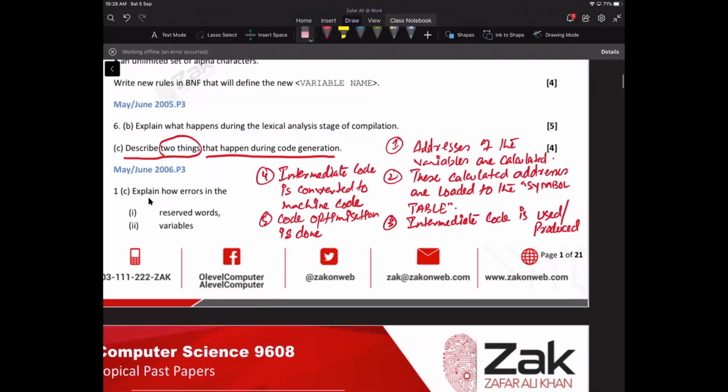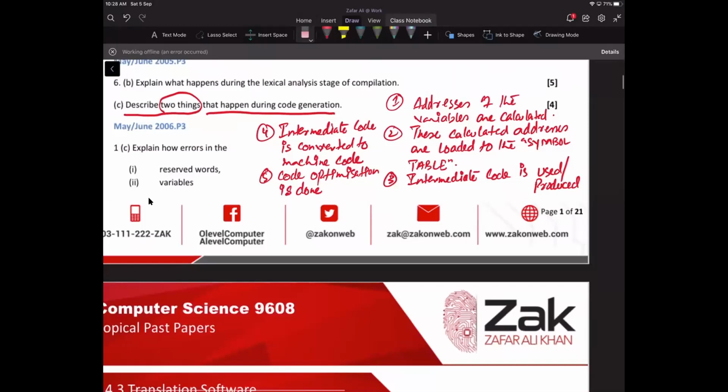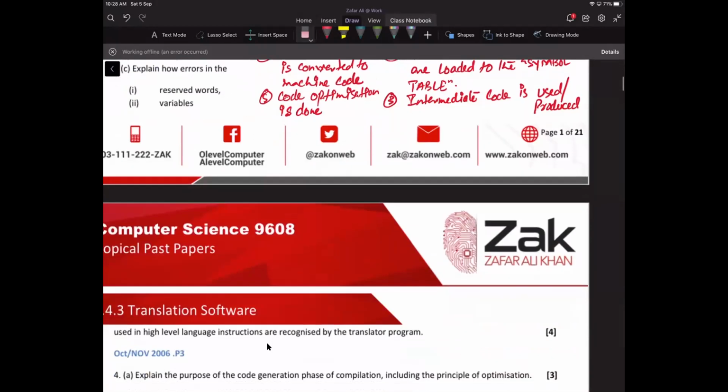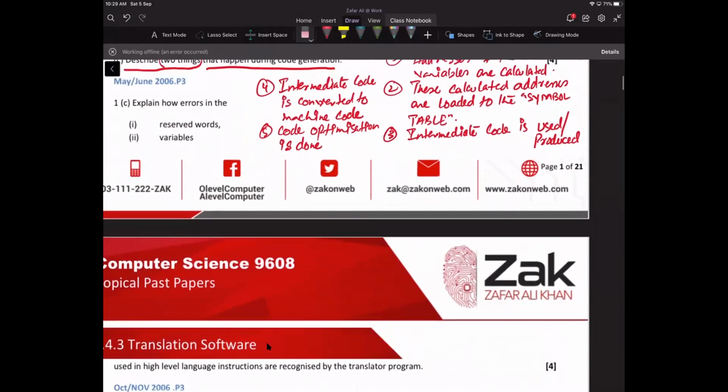Okay, so mind all these things. What we are actually solving now is sometimes an addition to what we have just learned, so please take notes of it. Explain how errors in the reserved words and variables used in high-level language instructions are recognized by the translator program.